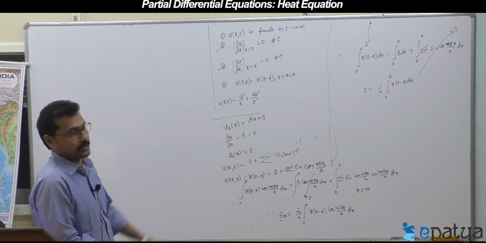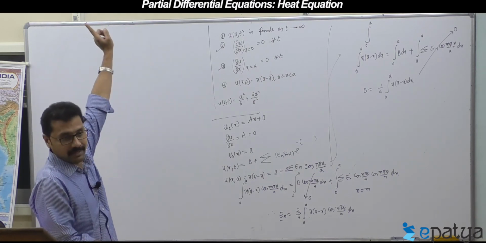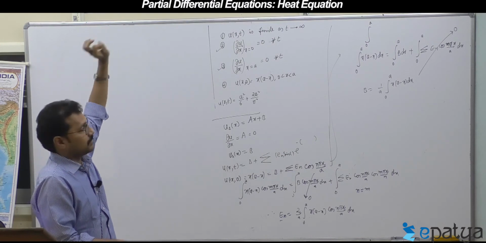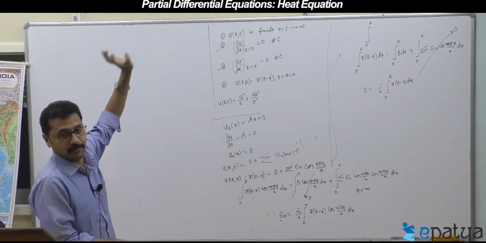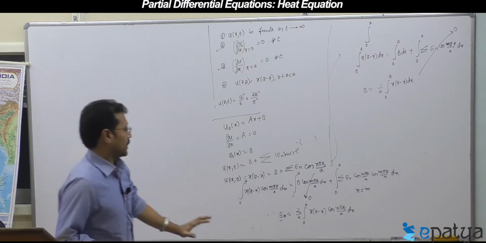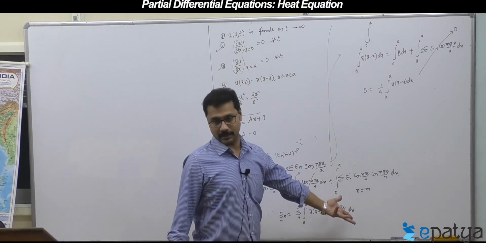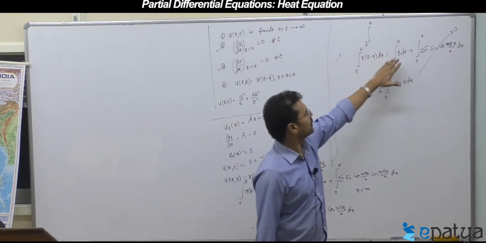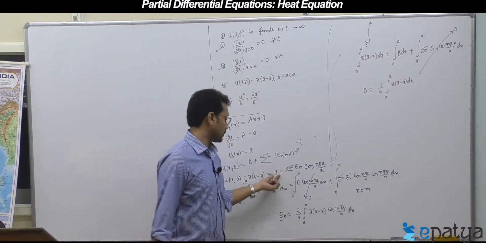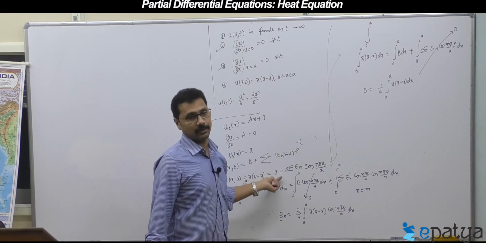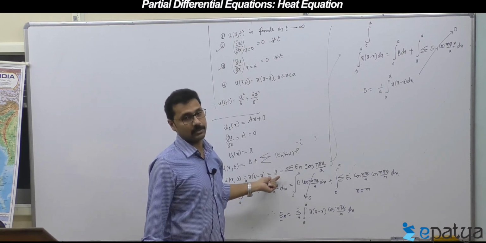Now this is what I was explaining earlier, in yesterday's class in the beginning. When Fourier sine series or Fourier cosine series comes, why does en become like this? You should know how it comes like this also. Number two, whenever there is some arbitrary constant, how to get the value of that arbitrary constant is something I was talking about yesterday.